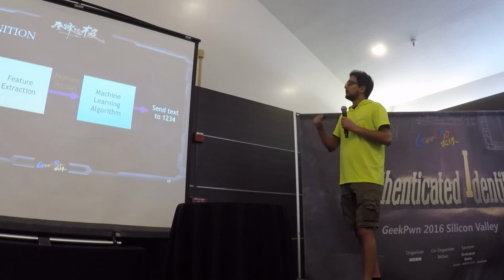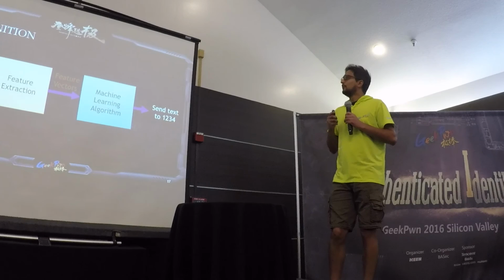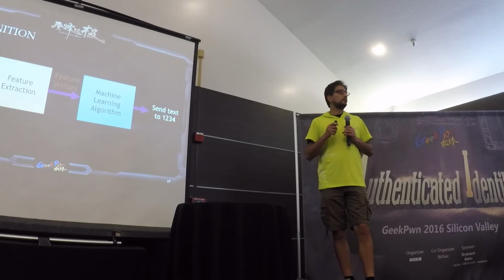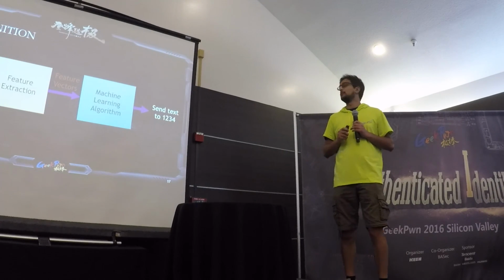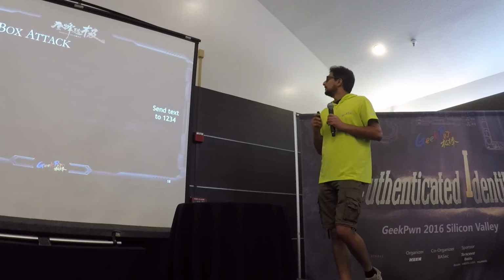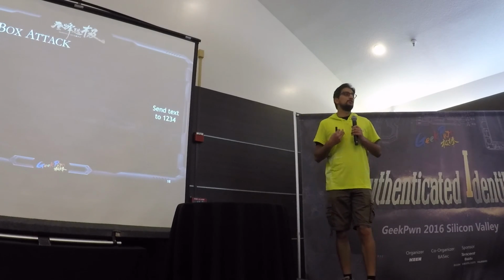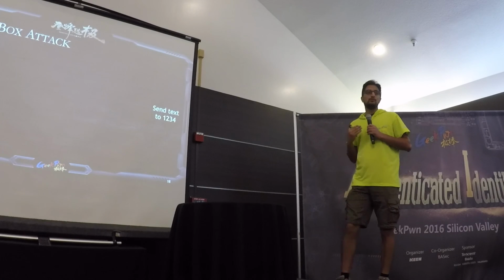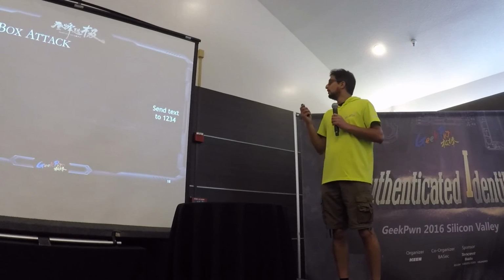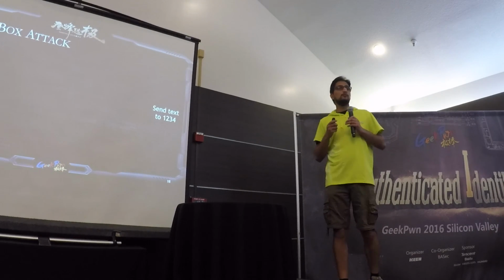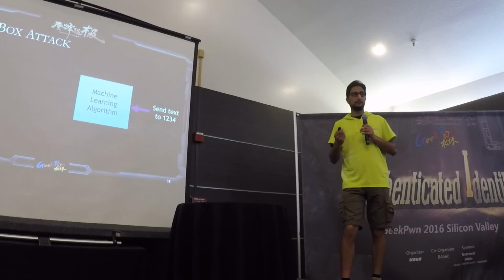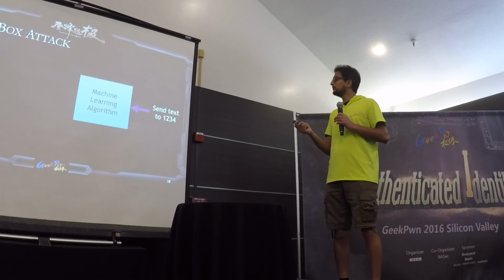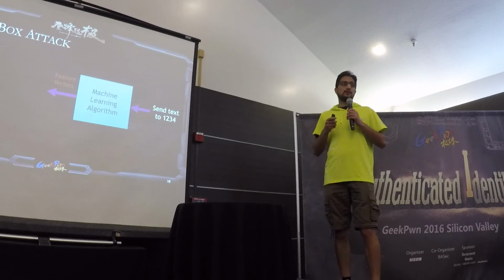So this was the normal speech recognition pipeline, and for generating the white box attack, what we will try to do is invert this particular pipeline. Let's say the attack command that we want to generate is something like "send text to 1234." We start with this text, and then we feed it to the inverse of the machine learning algorithm, which will then produce some feature vectors.